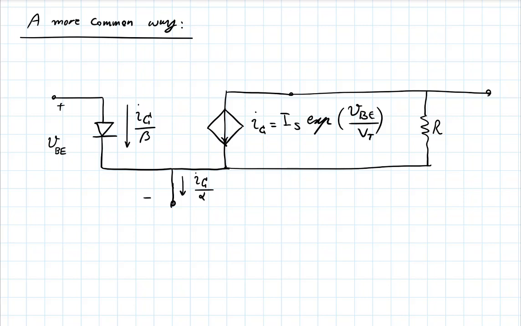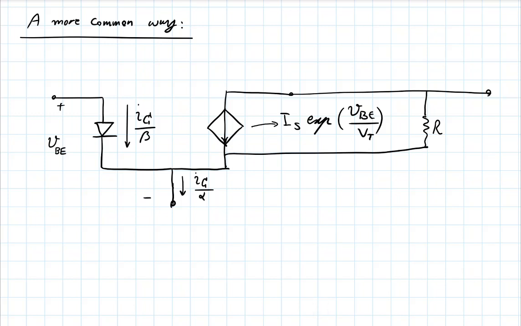Now you see that this works, because now my total collector current is not this. This is just the exponential part. My total collector current is that, plus VCE.